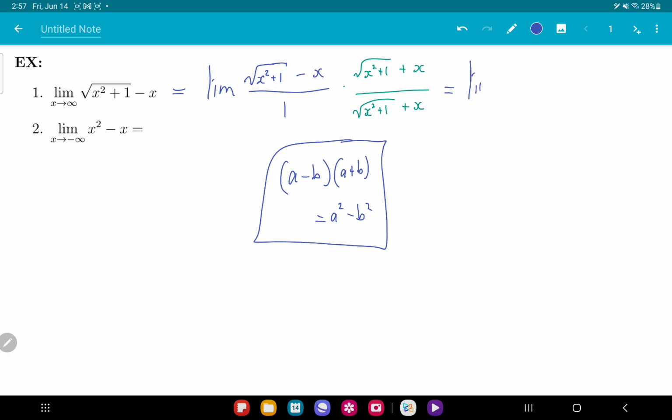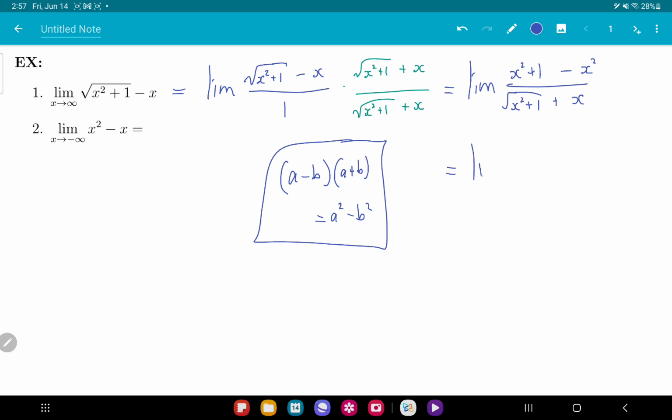So I'll get the square root of x squared plus 1, that's a squared minus b squared, which is x squared. On the bottom, leave it alone. Do not mess with it. Just let it be.